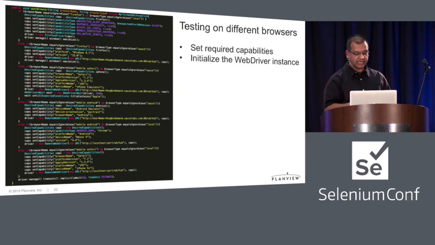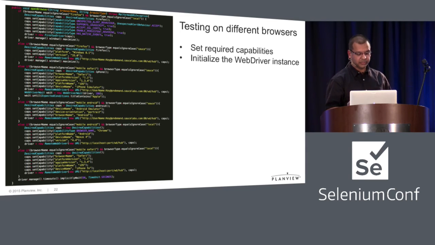And this slide has a lot of code, but it shows the initialization of the driver instance required to run these tests either locally or on Sauce Labs and on the desired platform and browser. The open browser method here accepts the browser name and type.